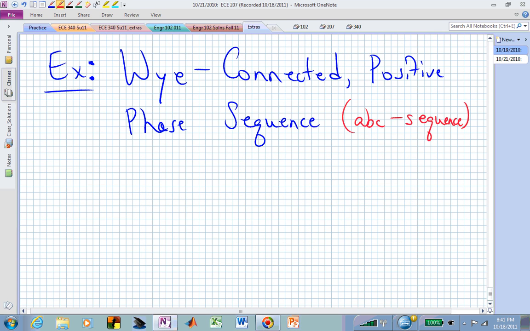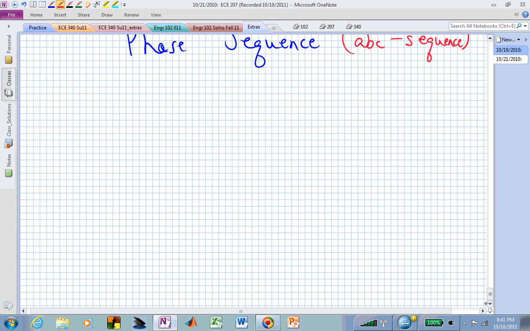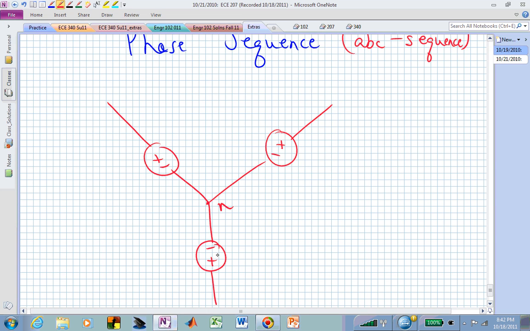Our sources are going to be connected in a Y configuration, and that Y comes from what you would think a Y looks like. We're going to have a neutral. Maybe I should make my Y look like a Y. Here's our neutral connection. And these are now the three different sources.